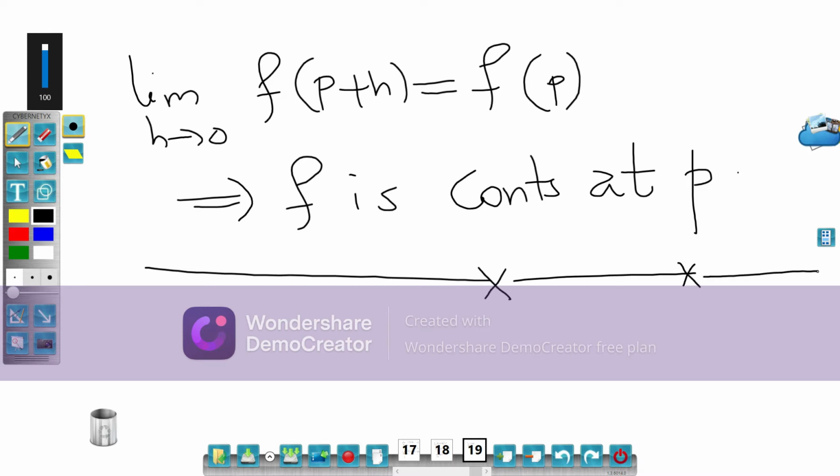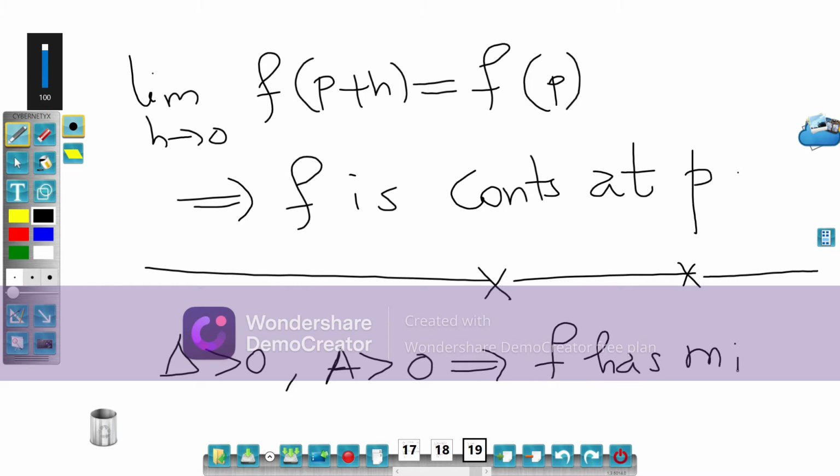Well, I just wanted to remind you of one thing. Yesterday I uploaded a lecture on maxima and minima, wherein I said delta greater than 0, a greater than 0, then f has a maxima. There is a correction: you should say f has a minima. Everybody should note that.